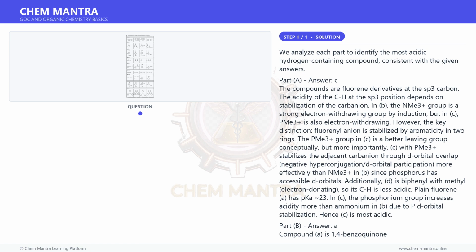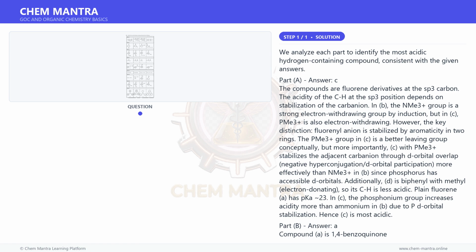Additionally, D is biphenyl with methyl, electron donating, so its CH is less acidic. Plain fluorene, A, has pKa 23. In C, the phosphonium group increases acidity more than ammonium in B due to p-d orbital stabilization. Hence, C is most acidic.